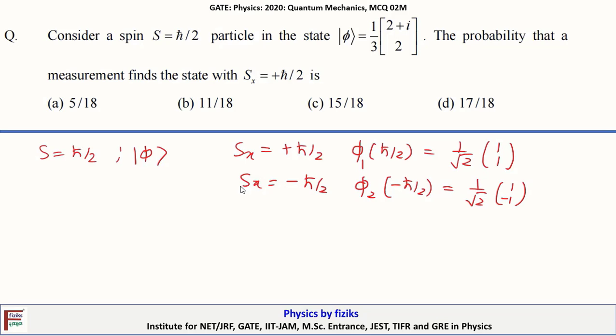Now we would be expressing wave function phi in terms of a of phi 1 plus b of phi 2.